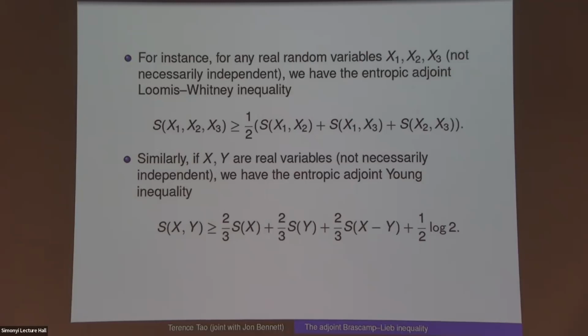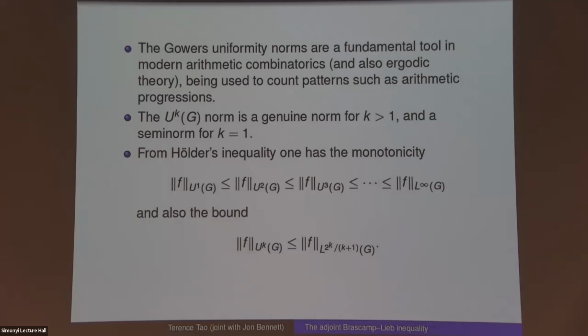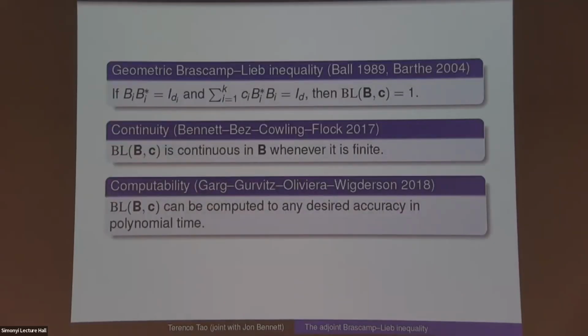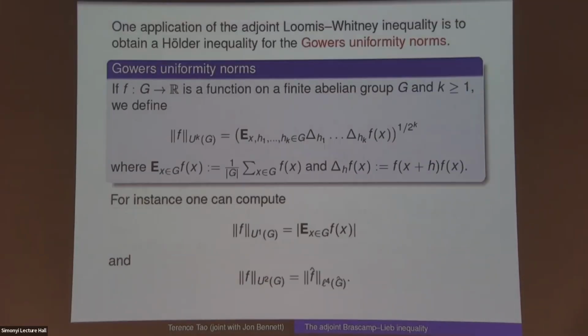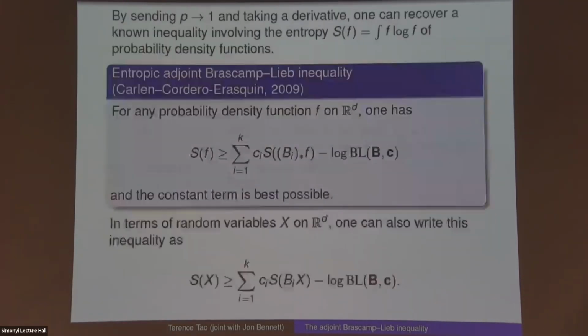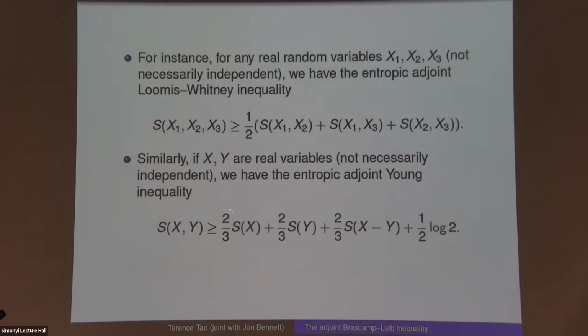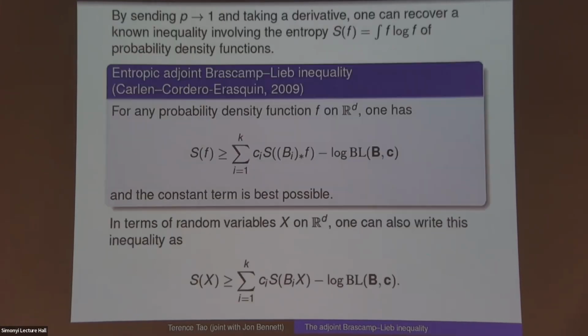You can change these 2/3 with other numbers that add up to 2, and then this constant changes. You can have multiple ones. These are just examples of this very general inequality that shows up.